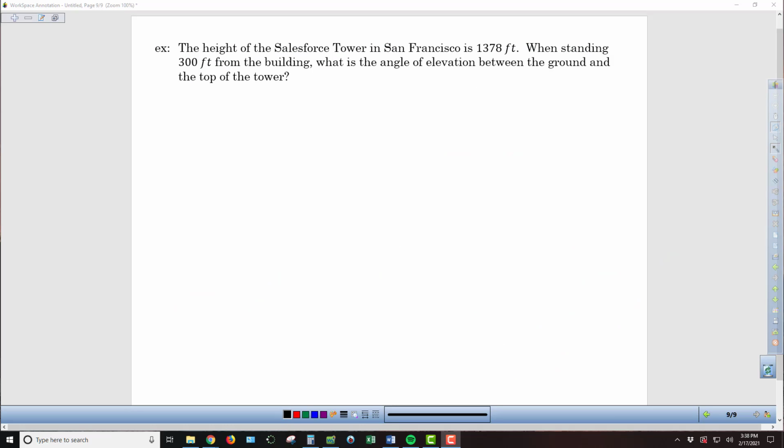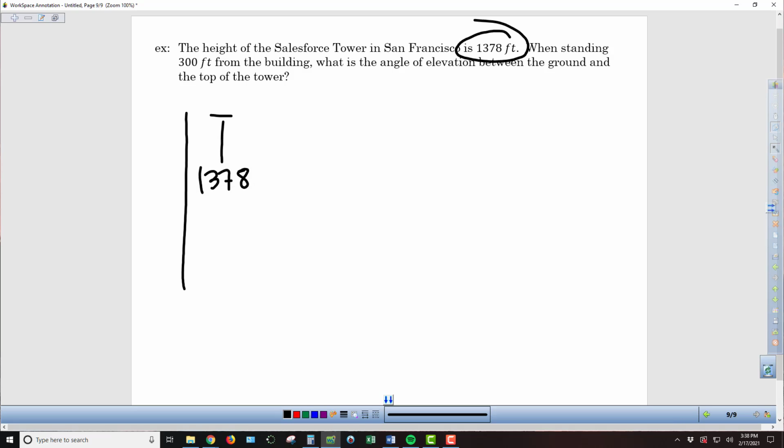In our final example, we don't have a diagram built, but we have to interpret that information into a right triangle so that we can use our trigonometric ratios to set up an equation. So for this one, we're told that the height of the Salesforce Tower in San Francisco is 1,378 feet. So that's going to be the height of our triangle. It's going to be 1,378.